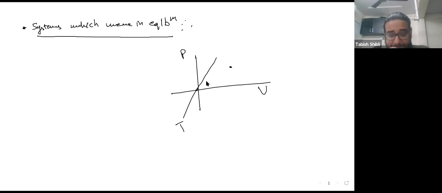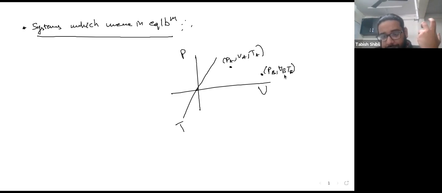But what if you want to study something that is actually not in equilibrium, it's actually changing. Let's say it goes from this value, which is some Pa, Va, Ta, to some other value here, which let's say is Pb, Vb and Tb. Now, how does it go from here to here? There are many ways it can go from this point to this point, right?